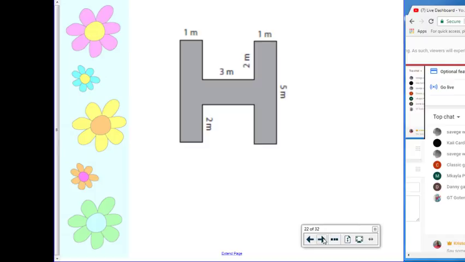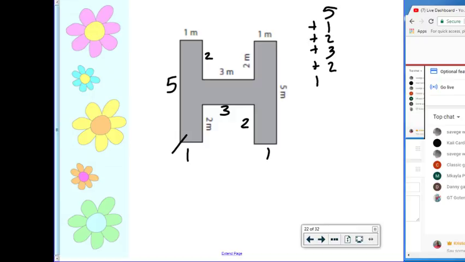If you guys want, we can just leave this slide up here. We can just take a look at it. We could identify our missing sides. This is 1, this is 5, this is 3, this is 2, this is 1, this is 2. And like always, we would find the perimeter by putting a line here and adding the 5 plus 1 plus 2 plus 3 plus 2 plus 1 plus 5 plus 1 plus 2 plus 3 plus 2 plus 1.